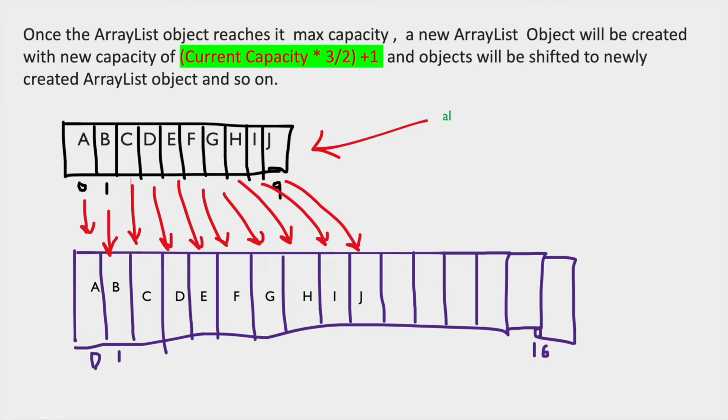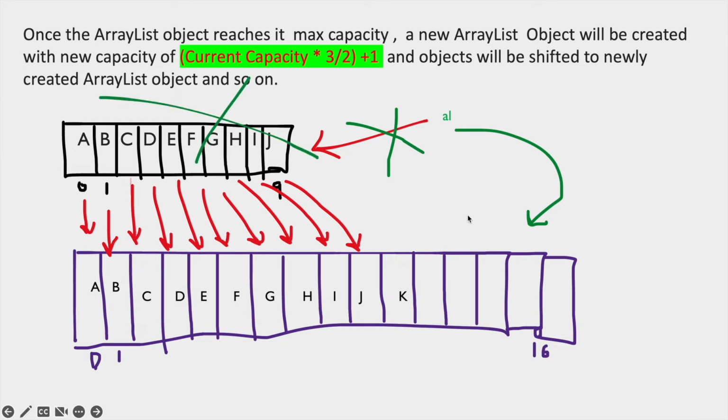After that, whatever object we are planning to add will be added into the list at the end. So the ArrayList reference will not point to the existing object. Next it will point to the newly created object, and the existing object is eligible for garbage collection.